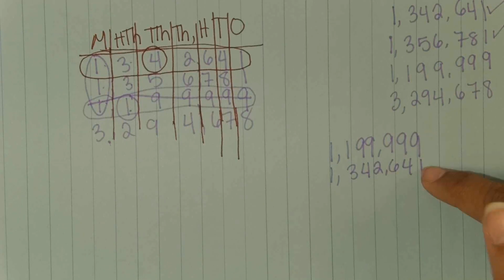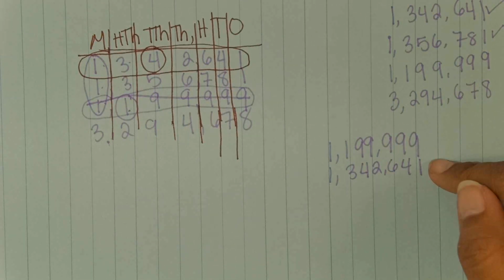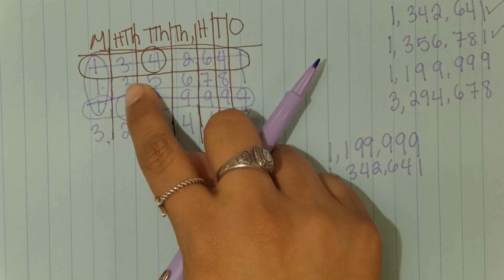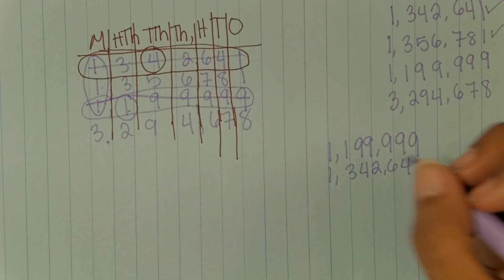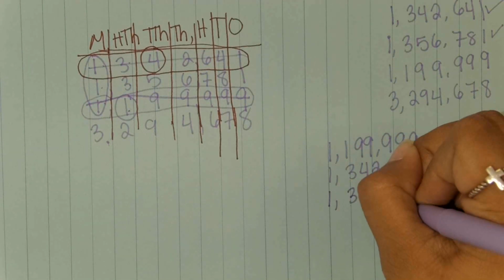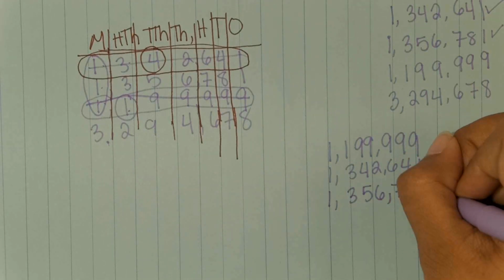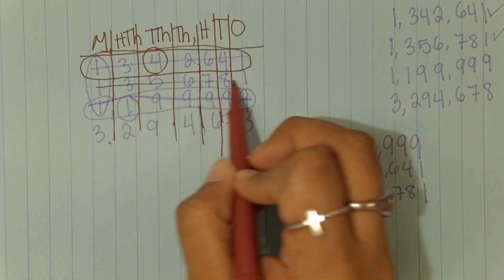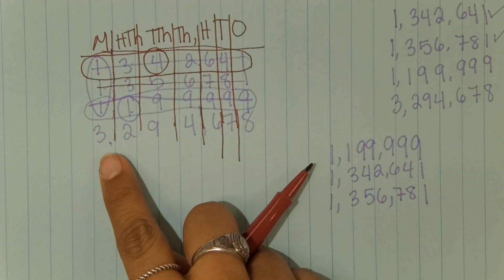This is the second because I'm going from least to greatest. So now that I finished with the top portion, I only have one left in my 3 sections here. So lastly, or my third, sorry, it'll be 1,356,781. So then I look at my last one here, and this is going to be my greatest.